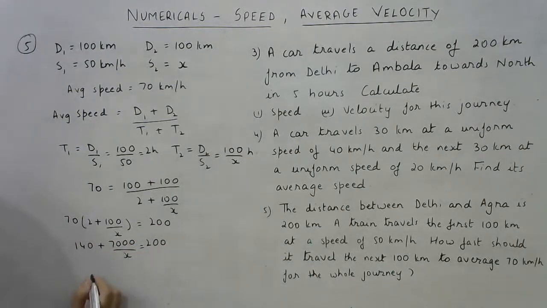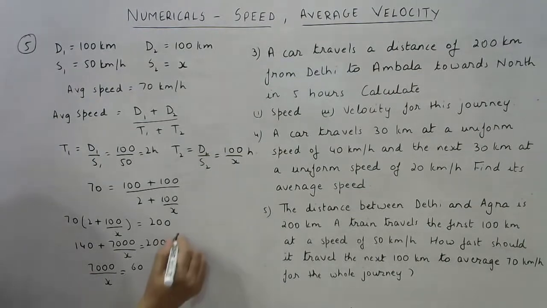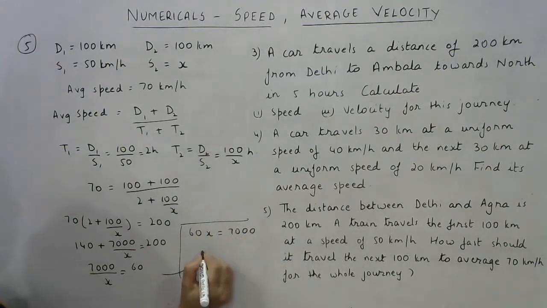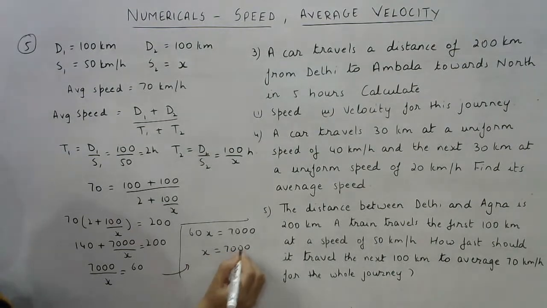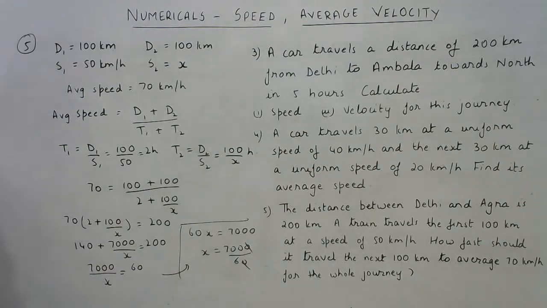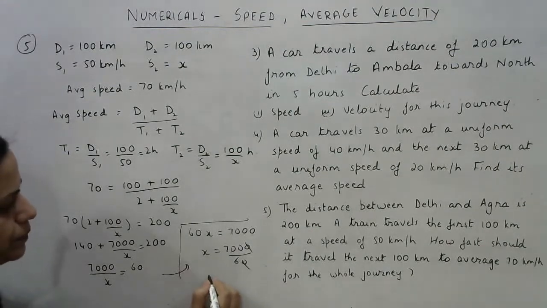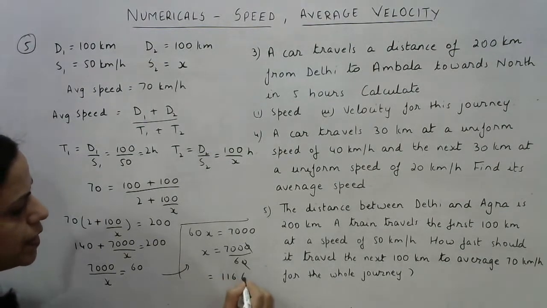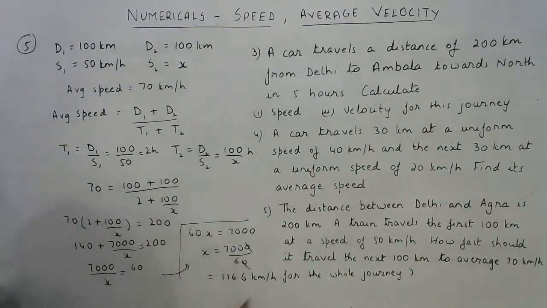Taking 140 to the other side, we get 7000 upon X is equal to 60. Cross multiplying again, 60x is equal to 7000, and finally X will be 7000 upon 60. Simplify this and you get your answer in decimals, which will be around 116.6 kilometers per hour. So this is the final answer to this question.